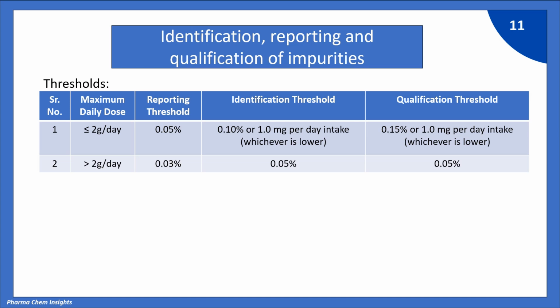For qualification threshold, it is 0.15% or 1 mg per day intake, whichever is lower. For maximum daily dose greater than 2 gram per day, reporting threshold is 0.03%, while for identification threshold and qualification threshold, it is 0.05%.